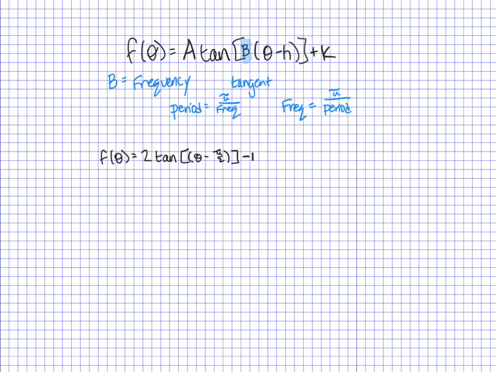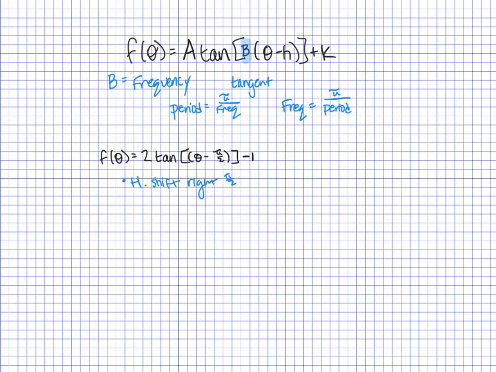So let's take a look at our transformations. Again, we have no b value, but we do have an h, or a horizontal shift. So that is going to be a horizontal, or h, shift to the right by pi over 2. And that's all the horizontal or x value things we have going on.